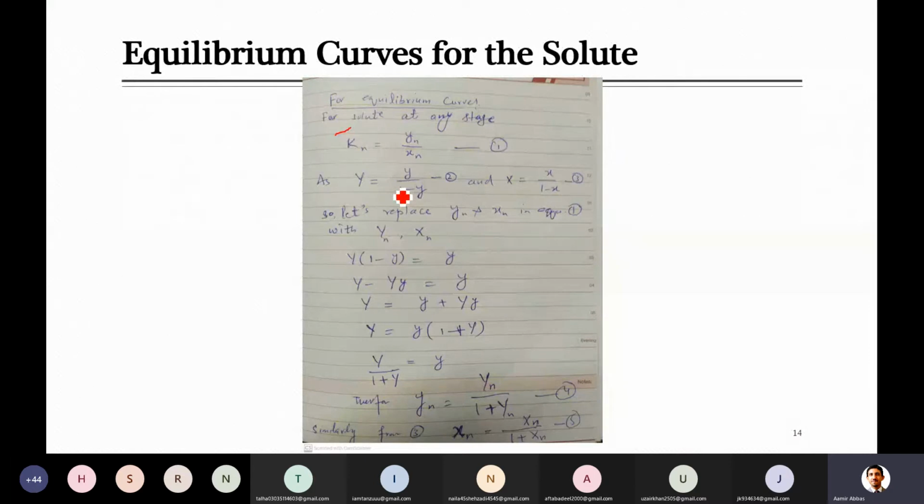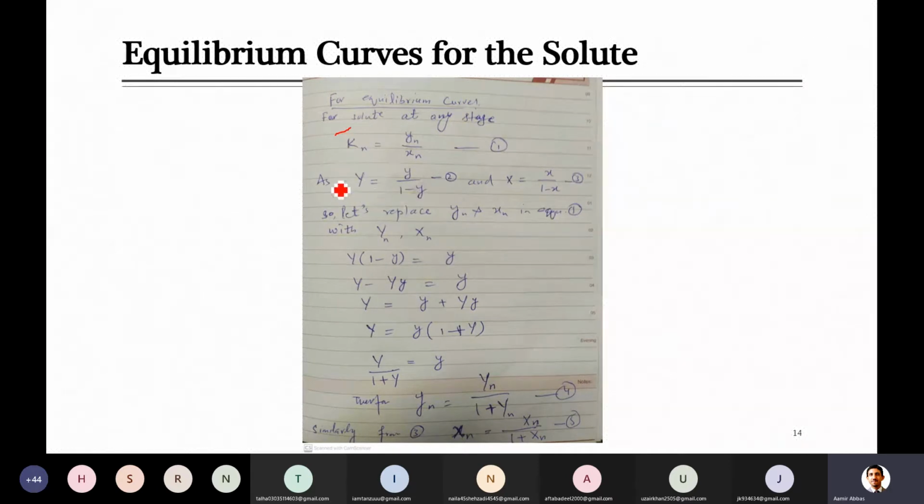In the material balance, you calculate the flow rate of all streams entering or leaving any equipment. When we have those, we can find what we have just discussed: the liquid flow rate, the vapor flow rate, and the amount of solute coming with the vapor as well as with the liquid and leaving the equipment.